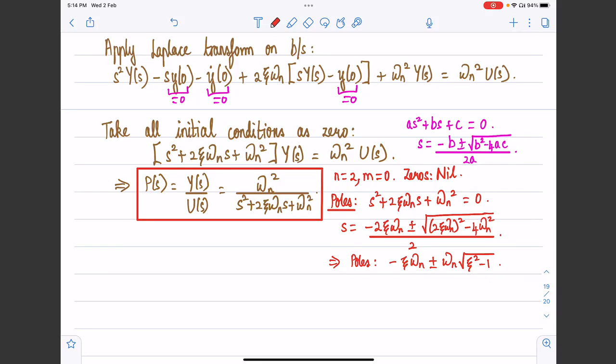Even in the case of first order systems, we figured out that the system is stable because the time constant capital T was positive, so that essentially ensured that. So we have to figure out under what conditions this second order system will be stable.